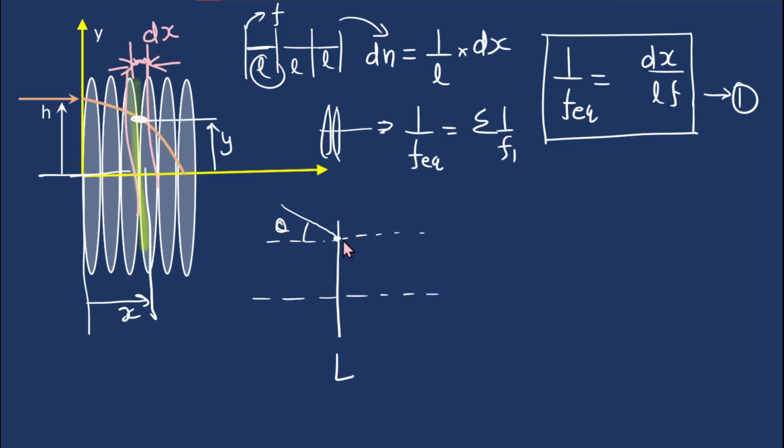And if there was no lens, this light will continue to go on and meet the principal axis here. So this will be the position of object for this particular lens, right? So there is going to be a virtual object here at this position, right?